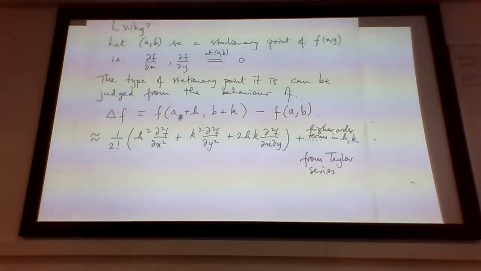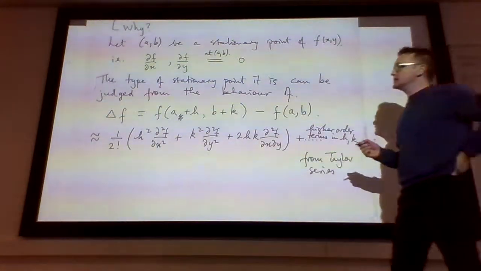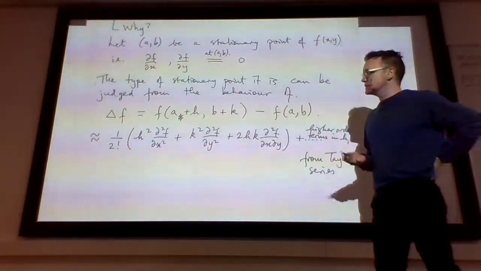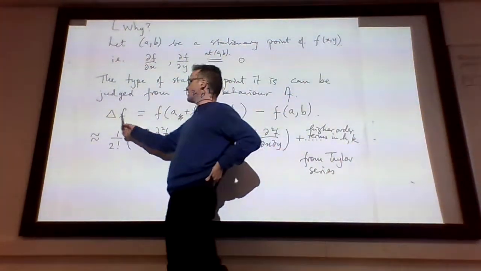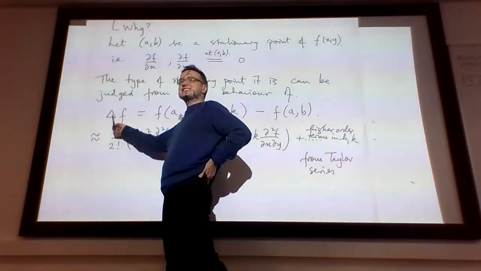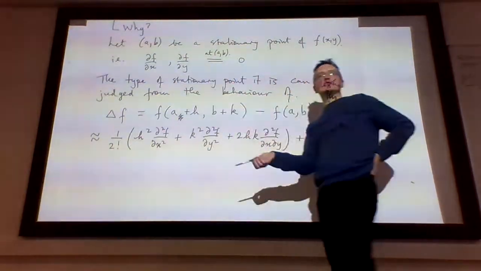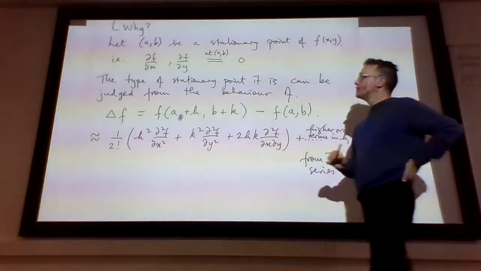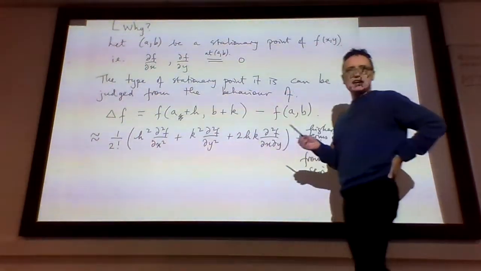Okay. Now, when we're investigating this and we're trying to find out what type of stationary point it is, all we're really interested in doing is judging the sign of delta f, whether it's a positive or negative quantity for various values of h and k.